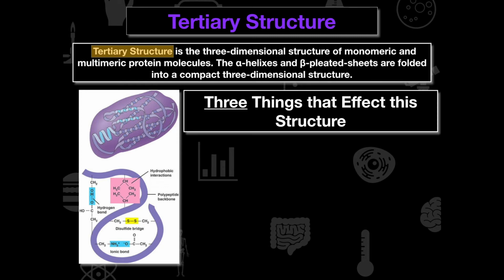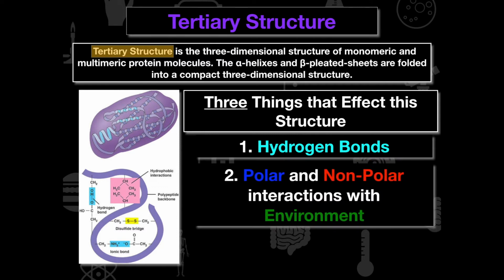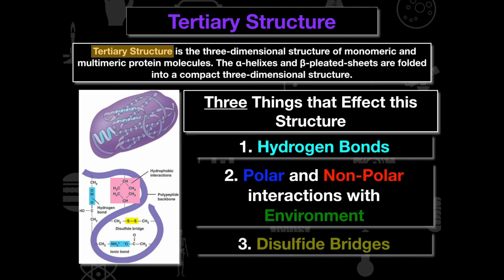And there's three things that are really going to affect this. This is where the hydrogen bonds, the polar and nonpolar interactions with the environment and with other amino acids, and then also disulfide bridges are going to create this three-dimensional structure. So again, this is why polarity is important when we're talking about these side chains in these amino acids.